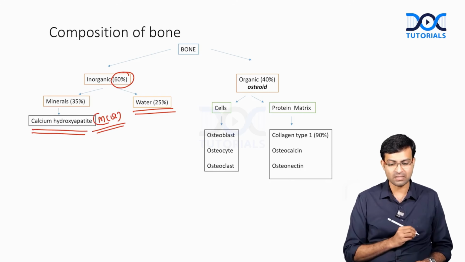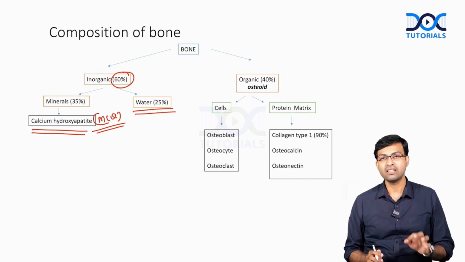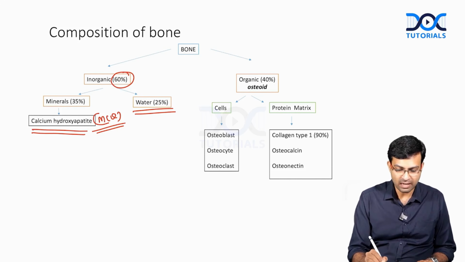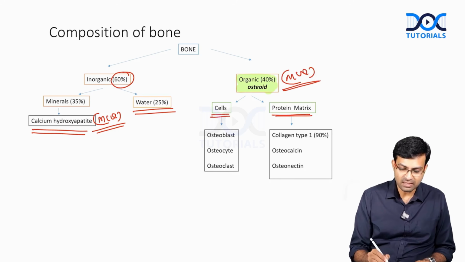Calcium hydroxyapatite. Now I told you there is also an organic part, and this organic part of bone has a name, osteoid. Organic part of bone is called osteoid. That is an MCQ again for you. And osteoid has cells in it as well as protein matrix. And which are the three cells? Osteoblast, osteocyte and osteoclast.